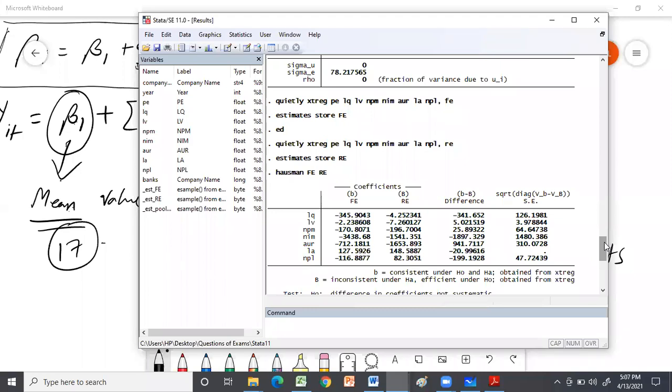Okay, so now just one command will combine all the results that you've estimated under the three models. Okay, fixed effect, random effect, and pooled OLS.